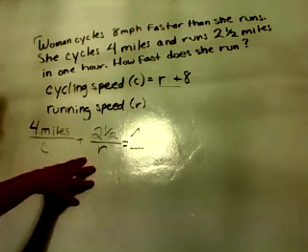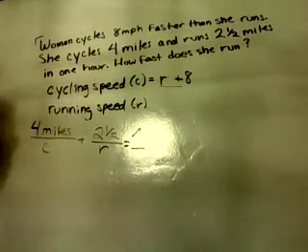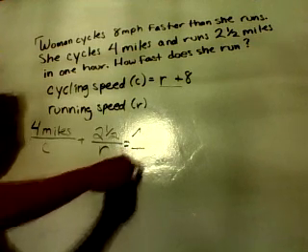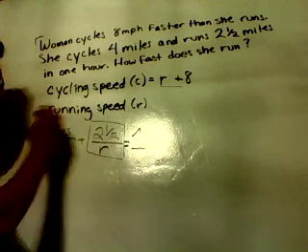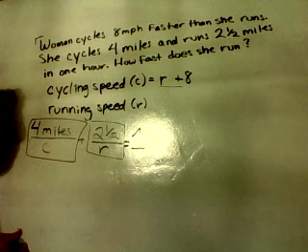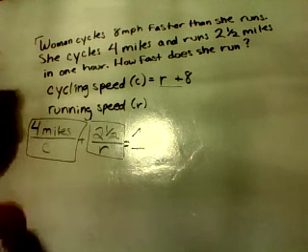Now the reason it's like this is because in total she ran and cycled for 1 hour. Each individual portion basically tells us the time she spent running or cycling.